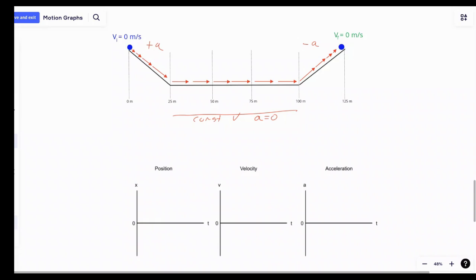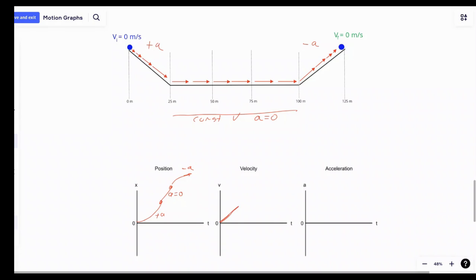So let me just draw it a little neater. Curve up, straight, curve down. Okay? So positive acceleration, zero acceleration, negative acceleration.